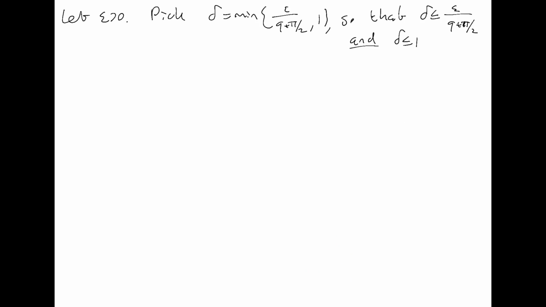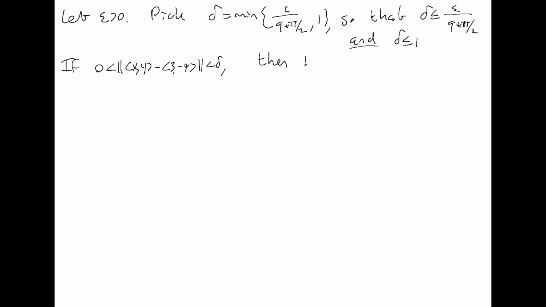Okay, so we've chosen an arbitrary epsilon and we've picked our delta depending on epsilon. Then if you look at the definition, the next step is to prove that if the point (x,y) is close to the point (3,-4), so that their distance is less than delta, then we have to prove that the distance between f(x,y) and L is less than epsilon.